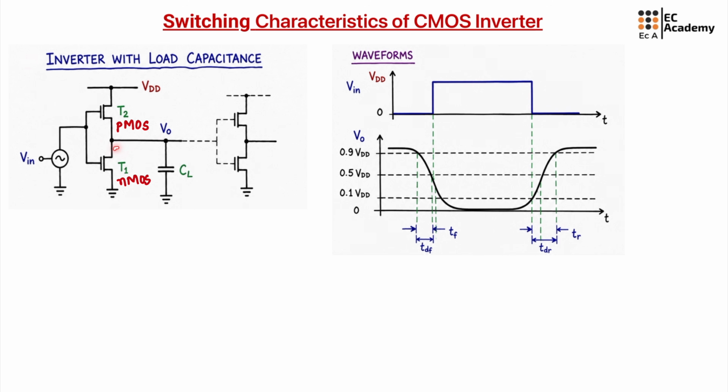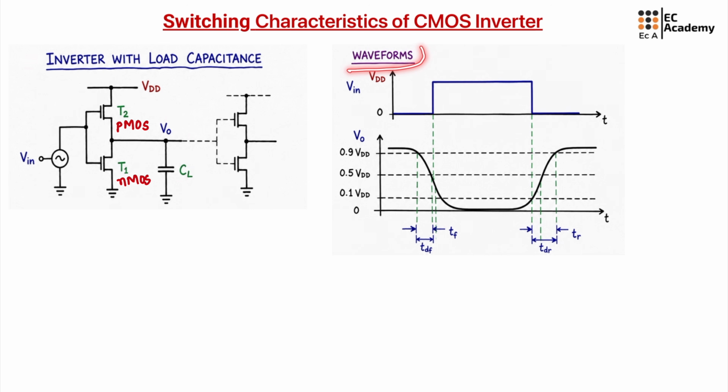So it can represent the output capacitance for the present gate and it can represent the input capacitance to the next CMOS gate. And this load capacitance can also include the capacitance of interconnecting wires. Therefore, CL represents total effective capacitance that is connected to the output node.